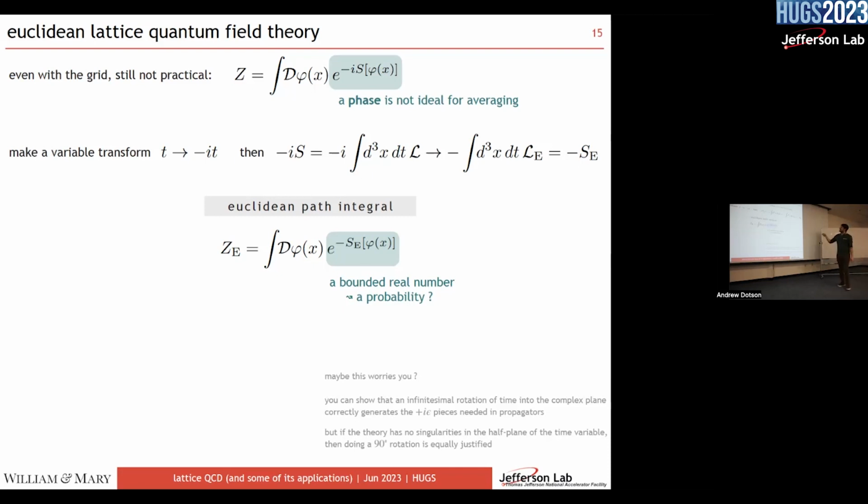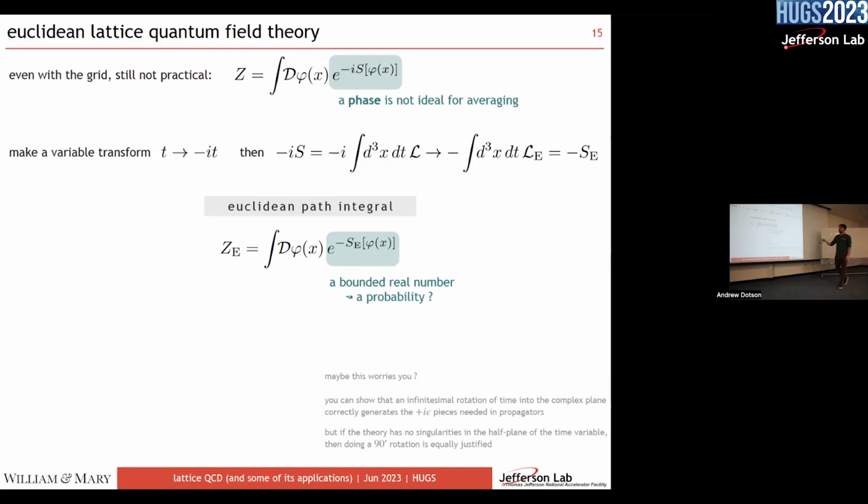Then this quantity, minus i times the action, which was the space-time integral of the Lagrangian density, that extra factor of i changes this from being a phase, from being imaginary, to being real. And then this phase here becomes essentially a decaying exponential.